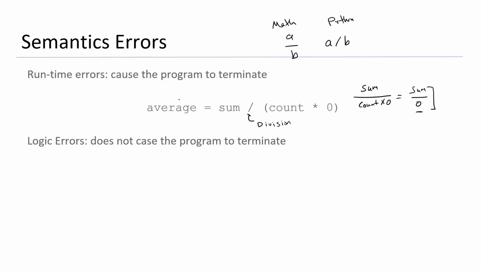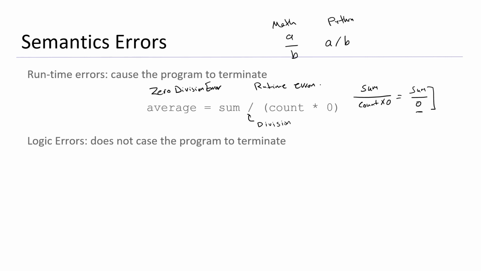So if you try to run this statement in Python, you will get what we call a zero division error. And this is an example of a runtime error in Python. This is a semantic error because syntactically it is fine. The syntax is perfect.